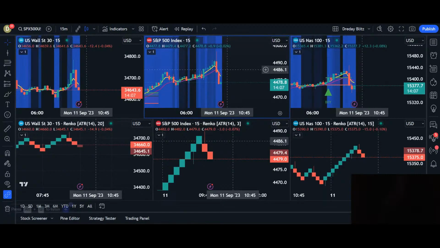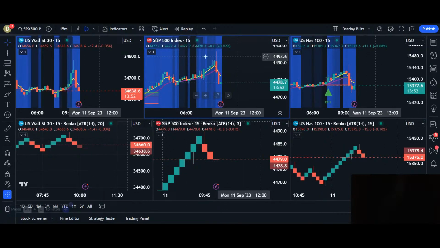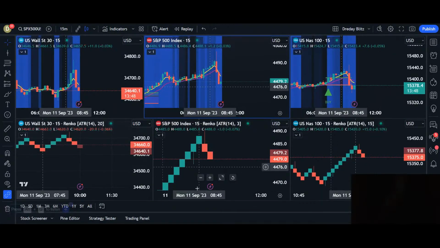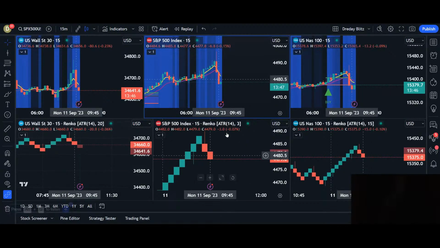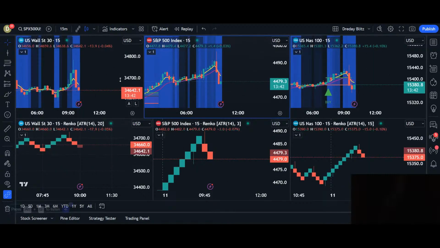So what I was saying is that the EMX AI is almost at 100%. And one of the logics I was going to add is that when you have a moving average cross with the confirmation of a reversal on the Renko bars, you should enter the trade in that direction.